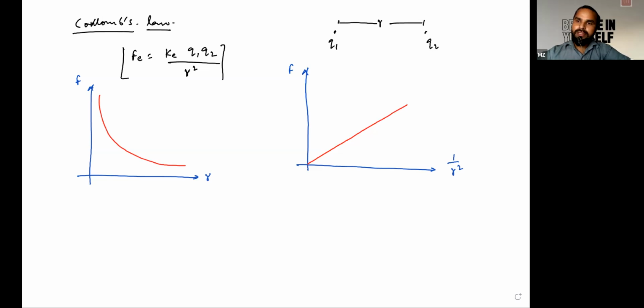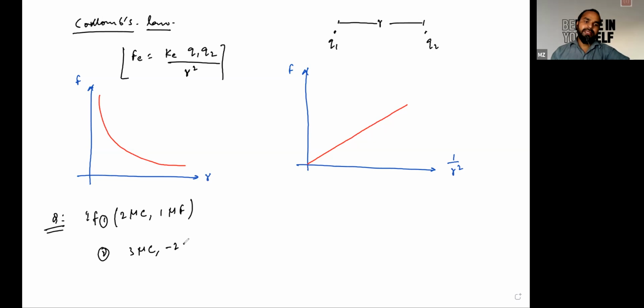On the basis of this, if there is a question, if I have a pair of charges, 2 microcoulomb and 1 microcoulomb, the first pair, and if I have charges 3 microcoulomb and minus 2 microcoulomb, can you draw the variation of force versus 1 over r square for these two pairs of charges?